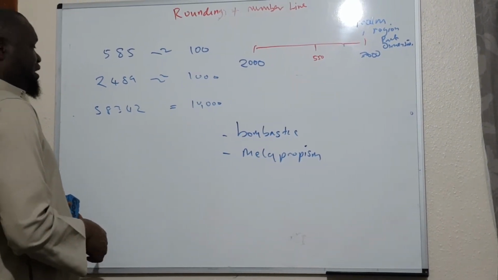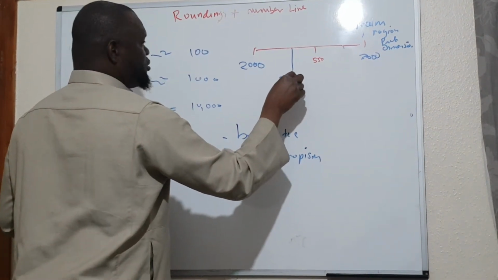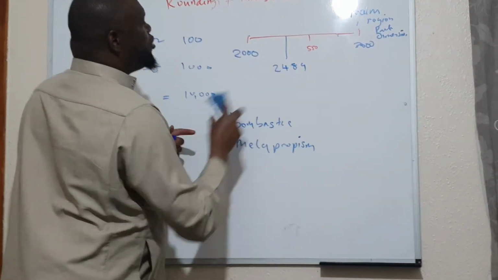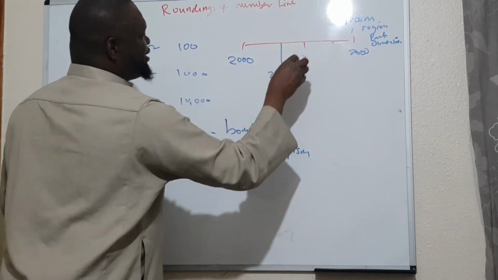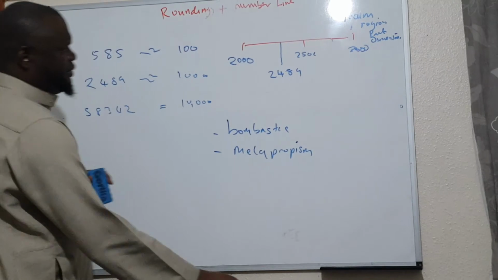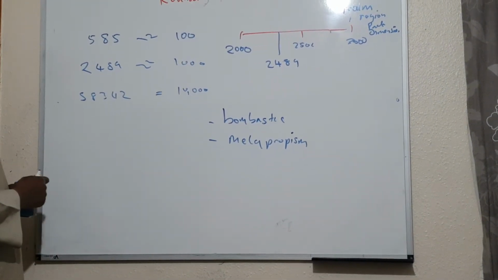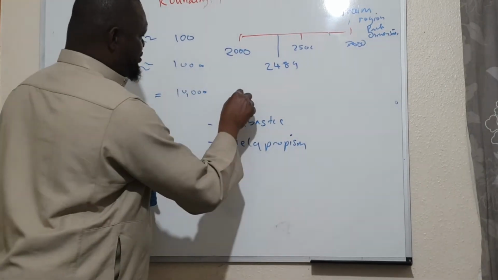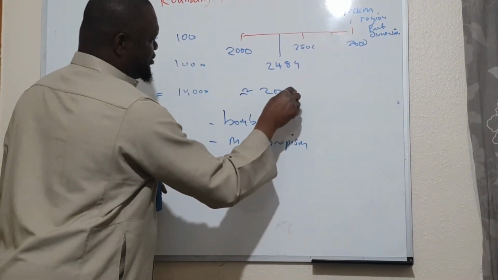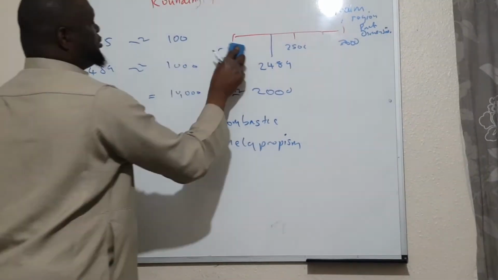The test is 2,500. Oh, okay, sorry. Our test is 2,500. That's the average between the two, in it. So it lies to the left of it. So basically, this will be rounded down to 2,000. Do you all get that? Yeah. Okay. Now the third question.